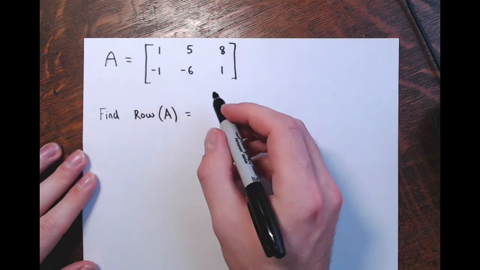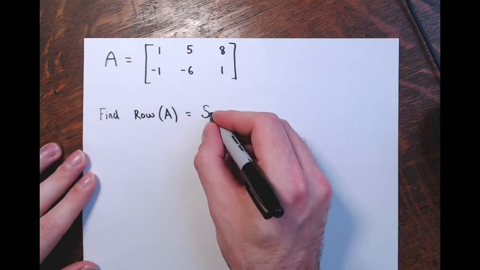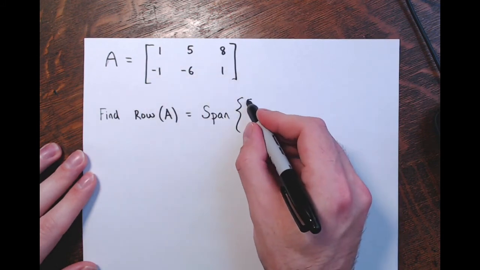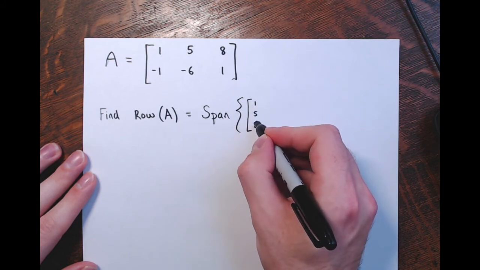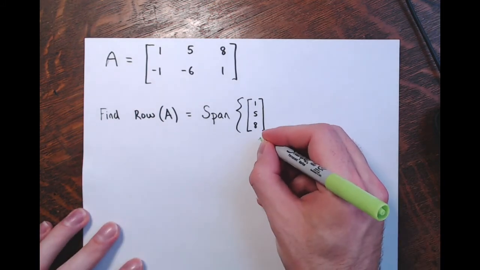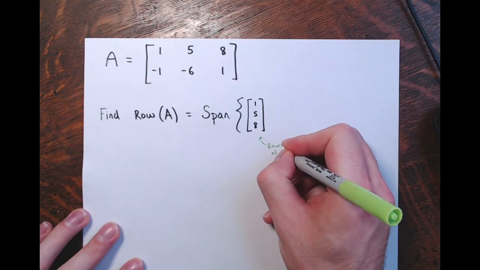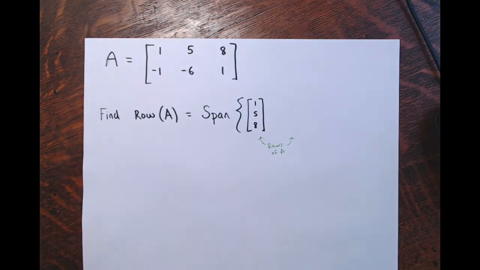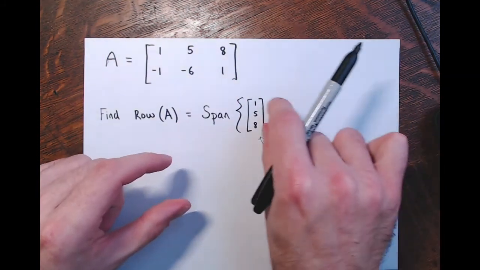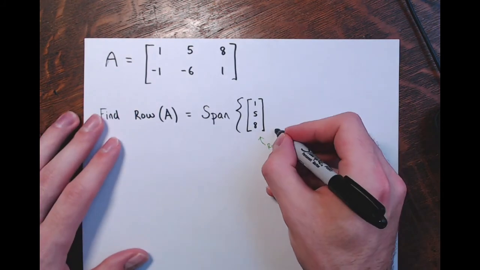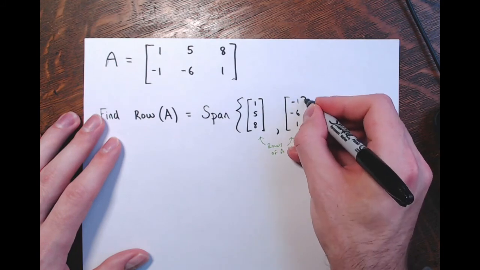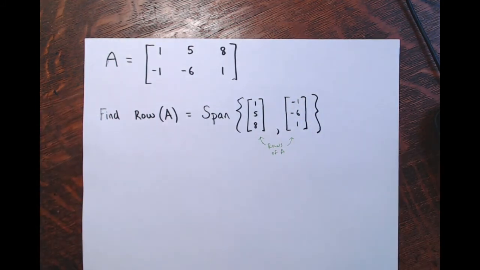So the row space of this matrix would be the span of the vectors 1, 5, 8, and you can write them as rows or as columns, whatever. There's the first row. I'm writing the rows as columns, but these are the rows of A. You're going to see that they write them as columns, I think mostly to save space, because if I keep writing the rows across, it's going to be really long. And then the other row, -1, -6, 1. That's the row space of A.